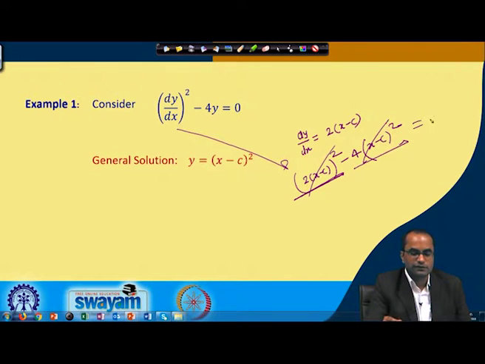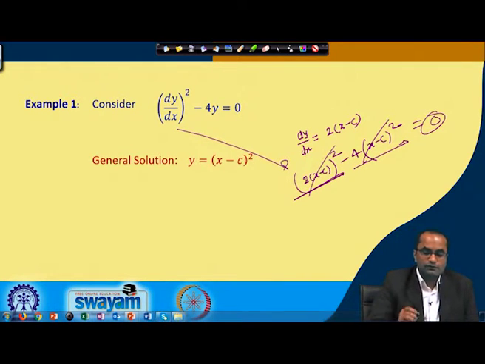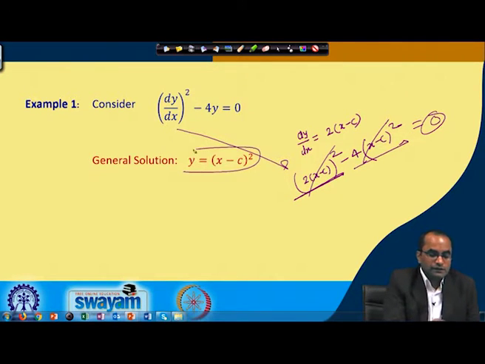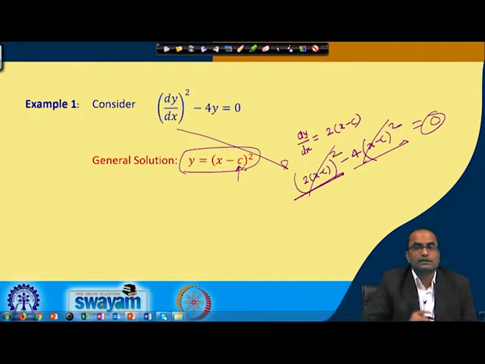So, this will cancel out, and we observe that this solution satisfies the differential equation, and therefore it is a solution. Also, it contains the arbitrary constant c. For any value of c, this will satisfy the differential equation.